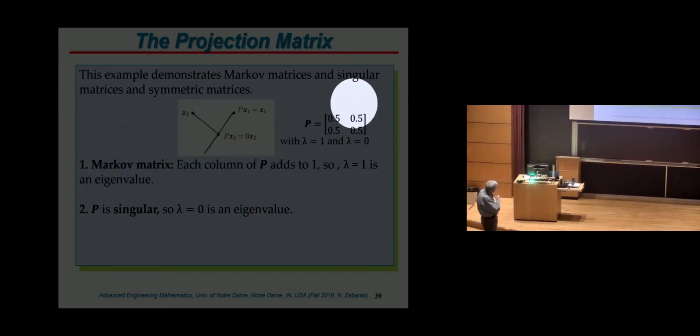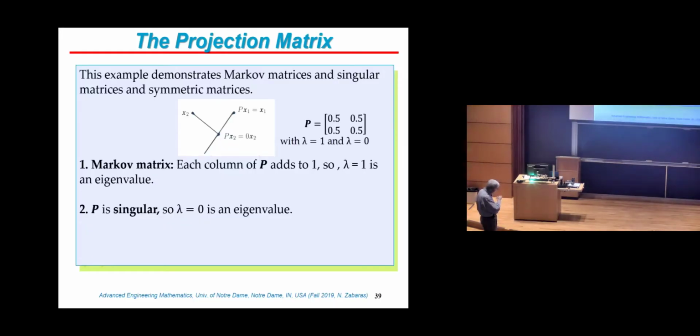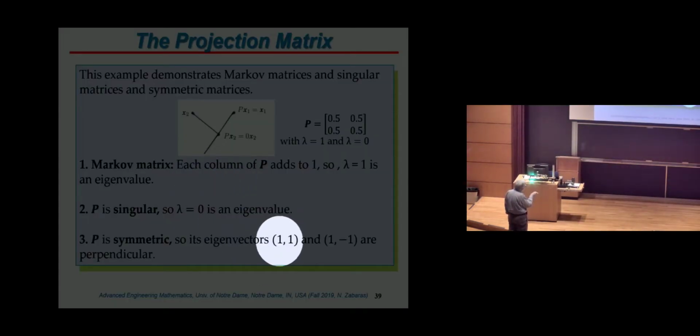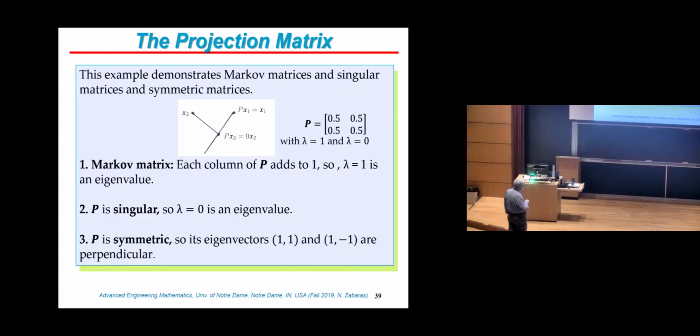So this particular matrix is a Markov matrix. It's singular. And also, it happens to be symmetric. Because it's symmetric, and we will prove this most probably on Monday, it comes out that for a symmetric matrix, the eigenvectors are orthogonal to each other.